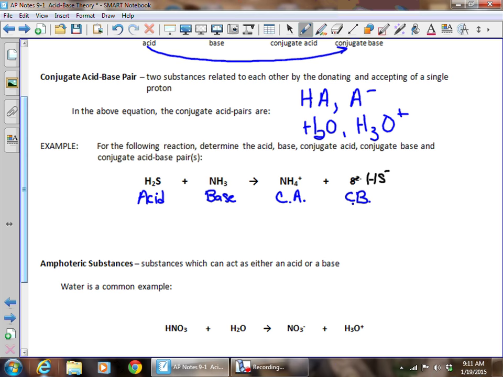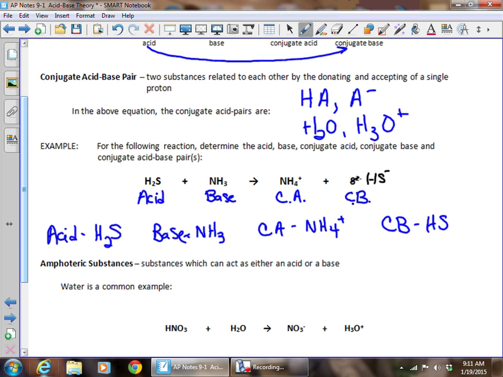And so when we start labeling these, we're going to label the acid as H2S, the base as NH3, the conjugate acid is NH4 plus, the conjugate base is HS minus, and now we're going to label the conjugate acid-base pairs.